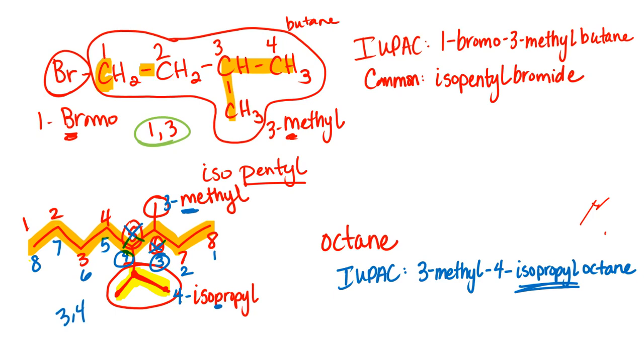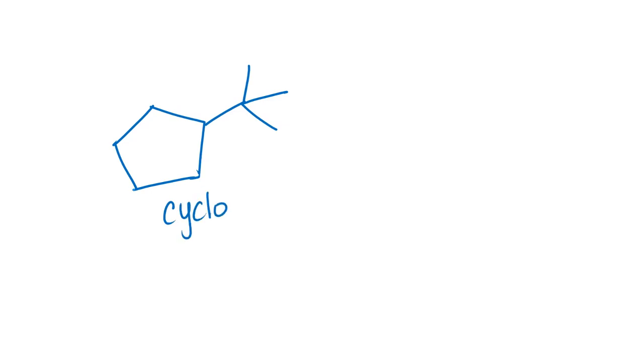Let me show you one last example like that. And so here's that last example. Let's just give you one more idea that's a lot like this. What if I have a ring cycloalkane that looks like this? Okay, so it's a ring, so it's a cyclo. It's got 5 carbons, a pentagon, so it's cyclopentane. And then I have this group coming off of it.